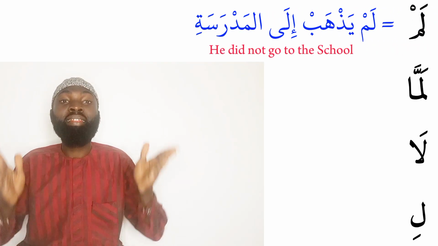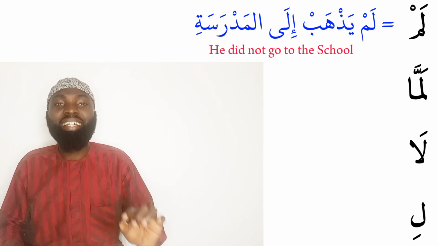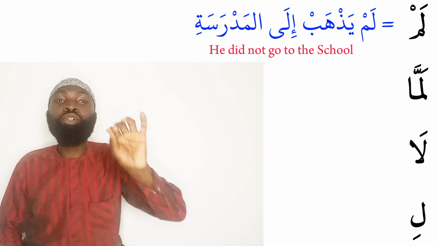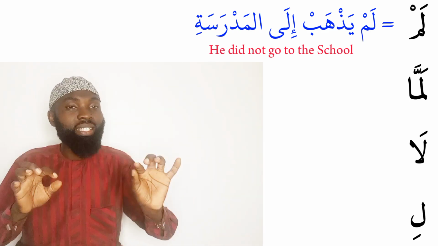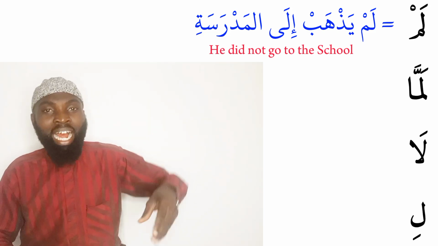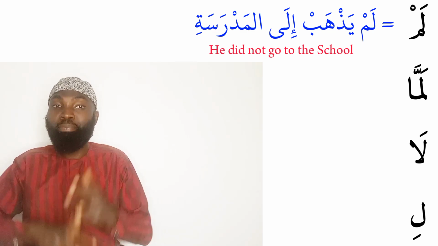The first one, the word lam. An example, I can say, lam yadhhab ilal madrasati. This means that he did not go to the school. Now the word lam here means not. He did not go. And this word lam is called harfu nafyin wa jazmin.